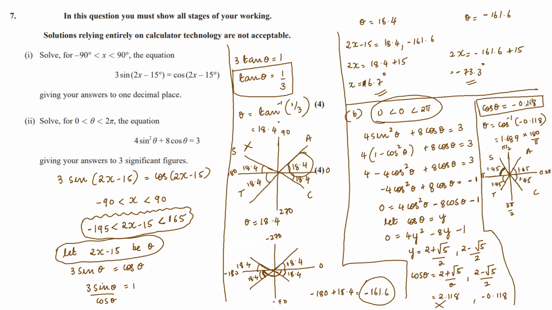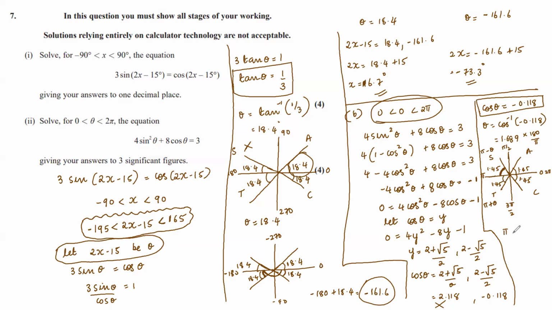Now cos theta is negative. That means cos is negative in which quadrants? That is the second quadrant and the third quadrant. Pi minus theta is the angle representation in the second quadrant, and pi plus theta is the angle representation in the third quadrant. So cos is negative in these two quadrants.